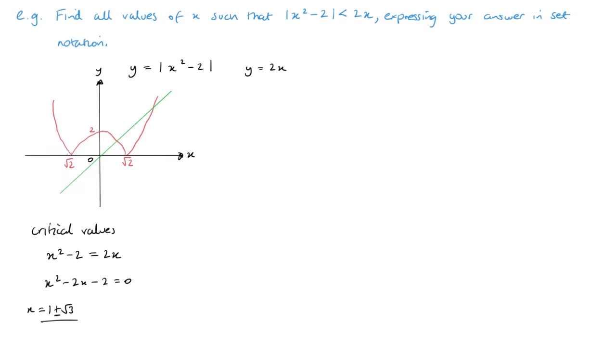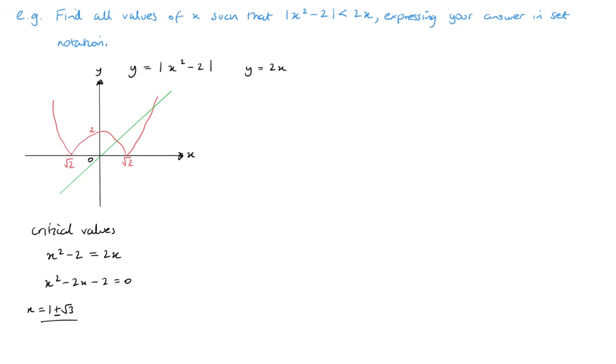Because the negative answer is a negative value. Now, this green graph doesn't cross this graph anywhere on the negative side of the x-axis, does it? So this 1 minus root 3 isn't actually a correct point of intersection, but I'll deal with that in a moment.